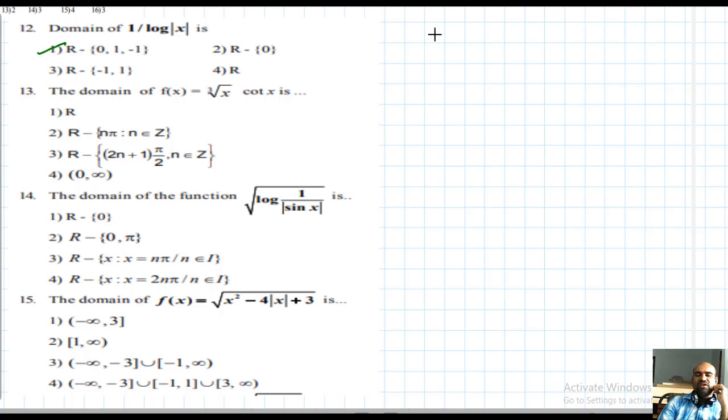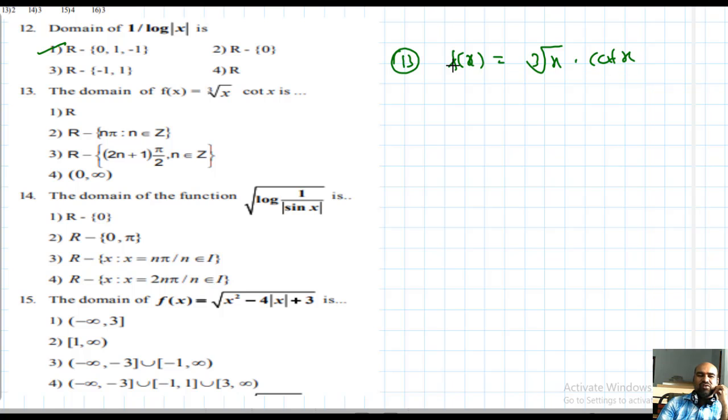Students, next problem, 13th problem. f of x equal to cube root of x, clearly I already explained, whatever be x, this is defined, into cot x. Just you want to find the values of x which give cot x defined. Already you know that cot x means cos x by sin x. If sin x equals 0, cot x won't be defined. Or already you know the domain of cot x.